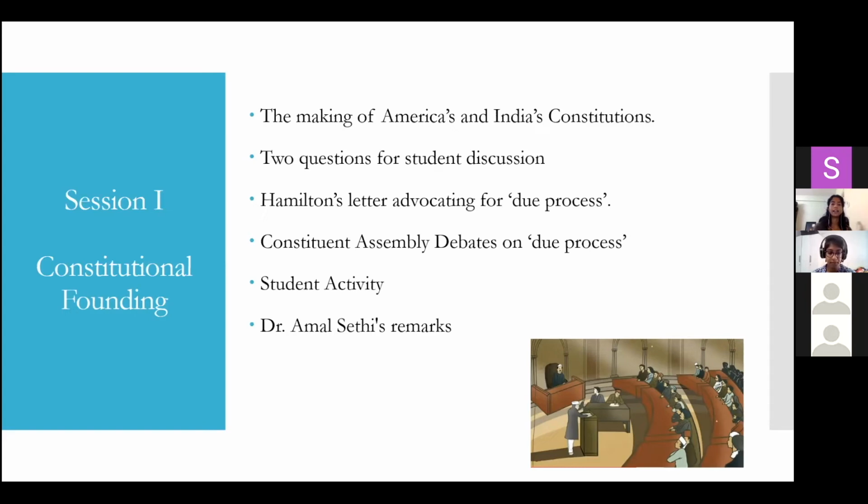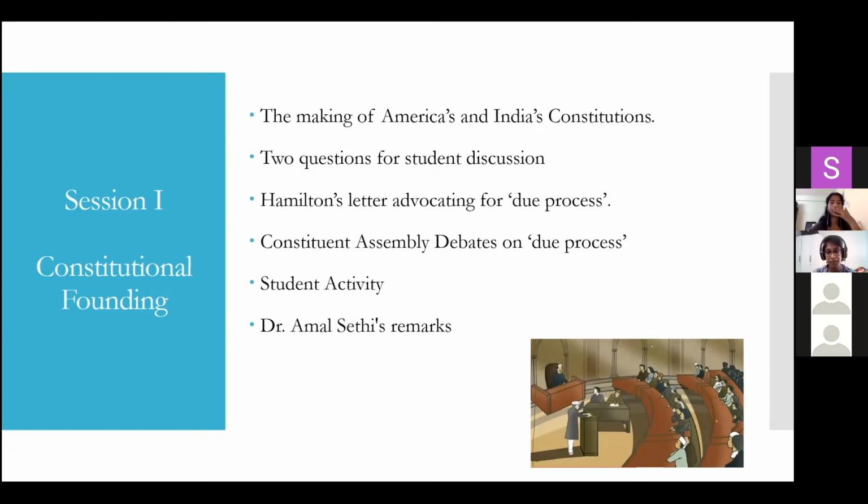On the other hand, Alladi Krishnaswamy Iyer was against the use of due process of law because he felt that the United States Supreme Court had not adopted a consistent view of the doctrine of due process, and he thought this scenario would also happen in India, and wanted to stick to the doctrine of procedure established by law.